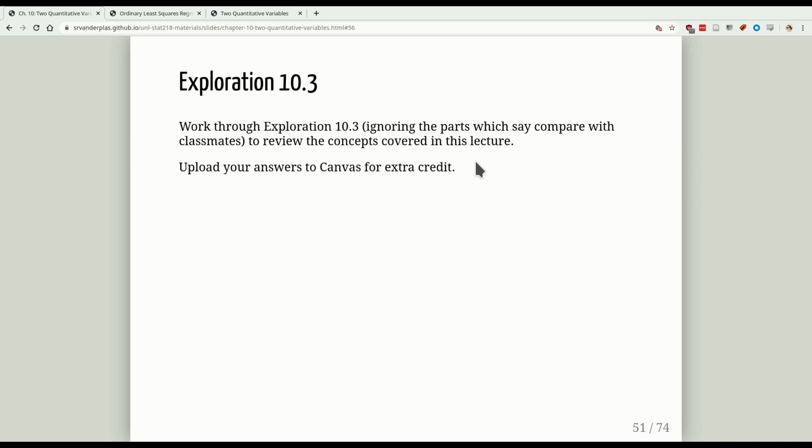I just think it would benefit you to have another walk through an entire problem, to think through in a guided way all of the stuff that we've talked about during this chapter, because we have covered quite a bit of material in relatively few slides.